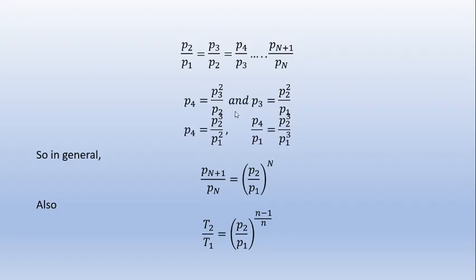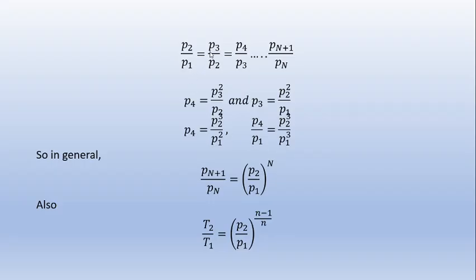Then P4 is equal to, substitute P3 is equal to P2 square by P1, then we will get P4 by P1 is equal to P2 cube divided by P1 cube.